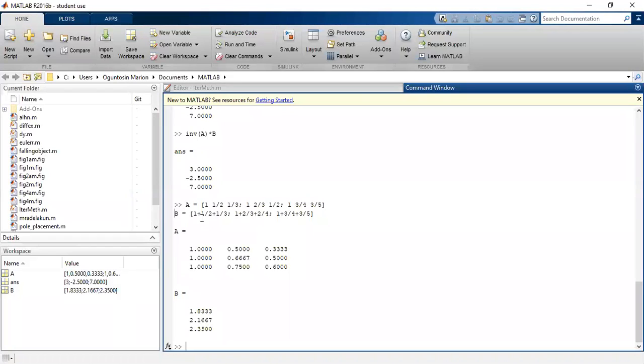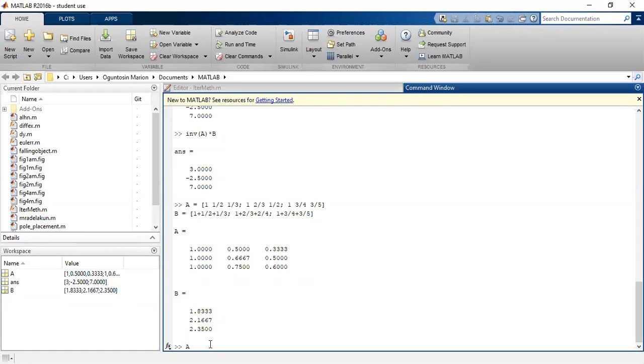Then the B matrix is just you add all the elements in the first row to get your B1. Then for your B2, we are adding all the elements in the second row to get this. Then for this, we are adding all the elements in the third row to get this. It's a special kind of matrix, and one property of it is that when you solve for x, the result is going to be 1.